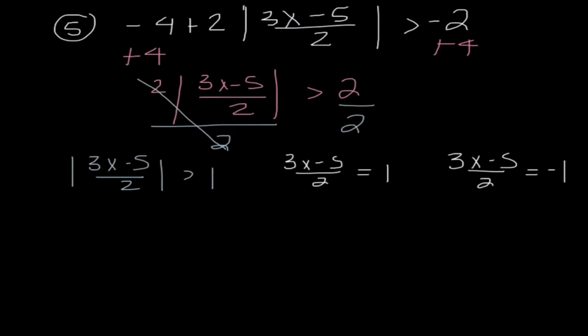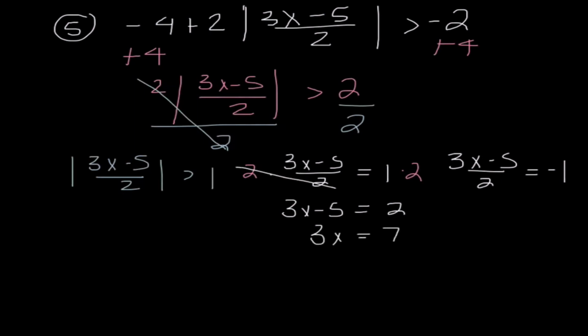So at this point, I can set 3x minus 5 over 2 equal to 1 and set it equal to negative 1. Now, we can go through this a few ways, but I'm going to get rid of the division first. So I'm going to multiply both sides here by 2. So I get 3x minus 5 equals 2, because those cancel out.